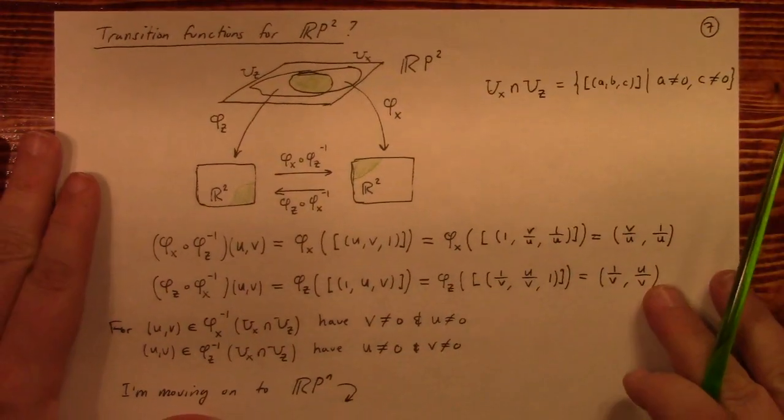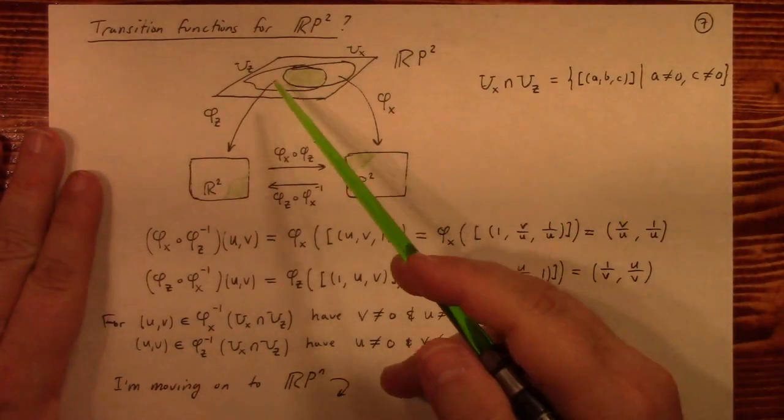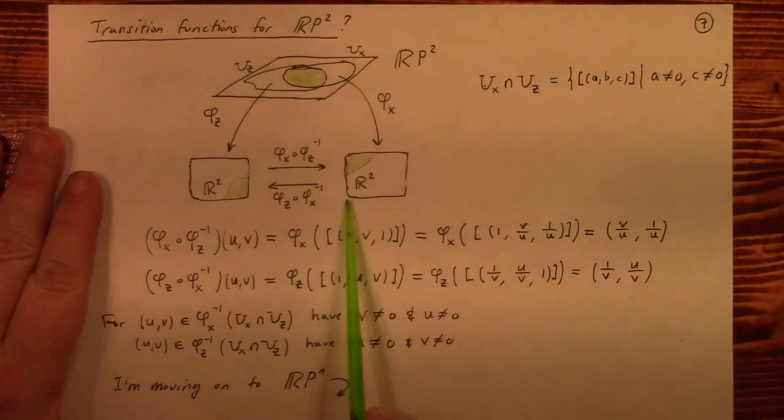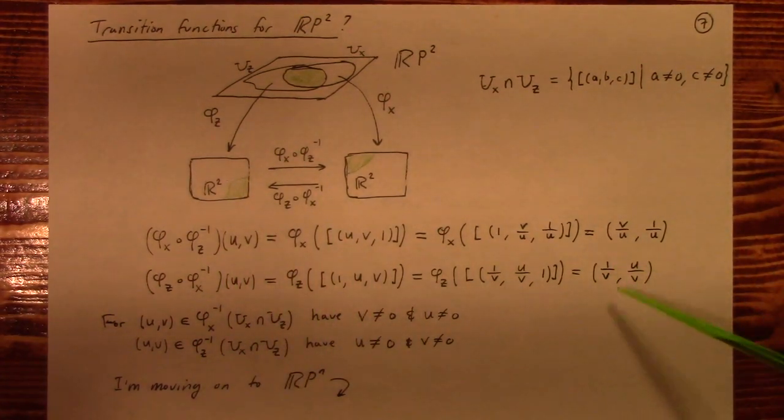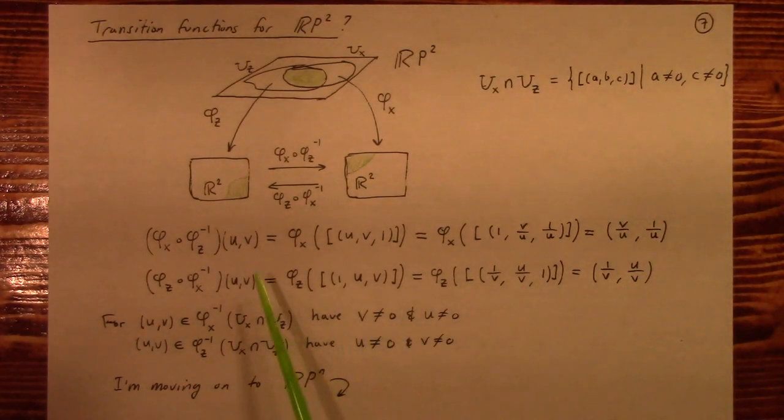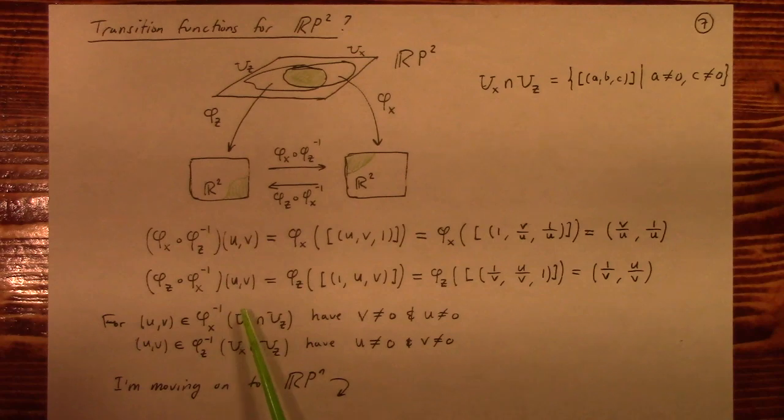So what's left? Well, let's show that the transition functions are smooth for the real projective plane. So here's that. The transition functions for RP2, like so. I've got this one, I've got that one, and I calculate the composition. I get these lovely formulas. In this context, we're looking at the place where both u and v are non-zero, I believe.